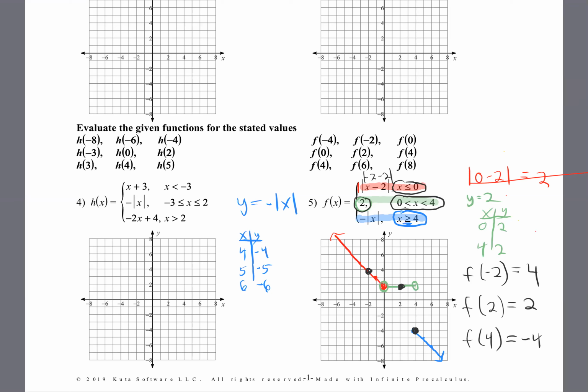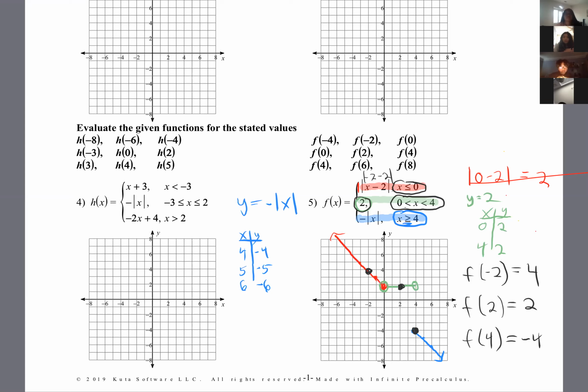Where'd you get the numbers to fill in the f of x? Those were just problems that I made up. The problem is given to you, and you just have to figure out the y value at those x coordinates. How do you get the green line, like how it's just straight?